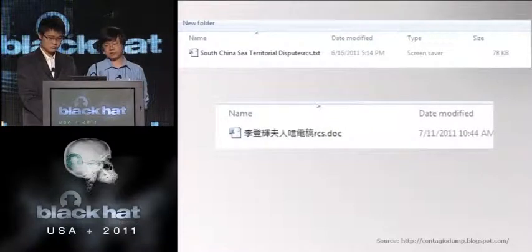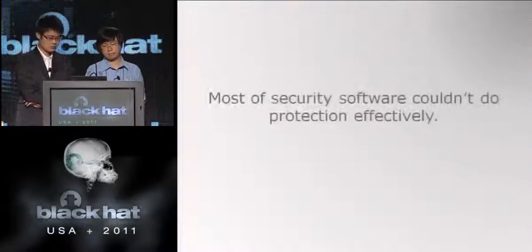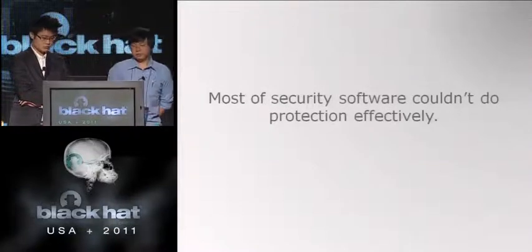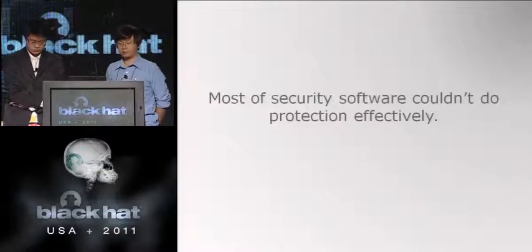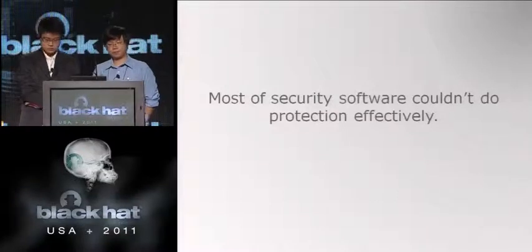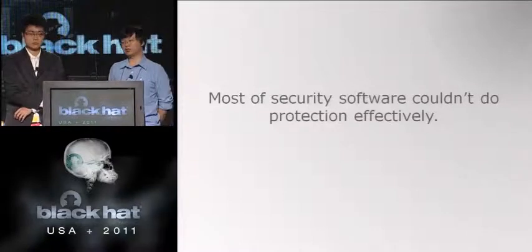After you click, you will launch malware. This is the most common way of targeted attack, and it is not easy to be aware of. Unfortunately, most security software couldn't provide protection effectively.